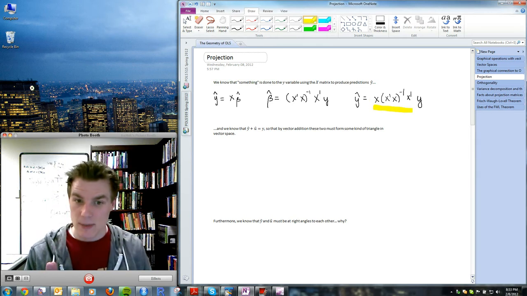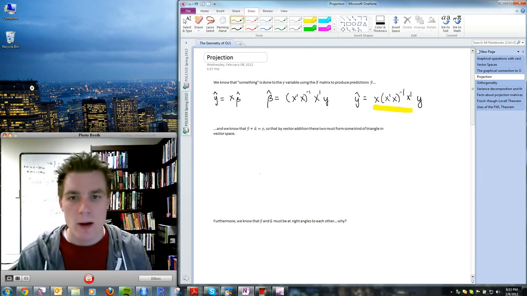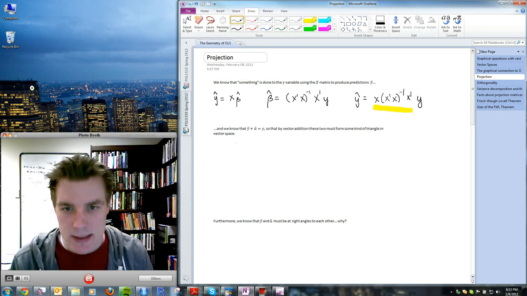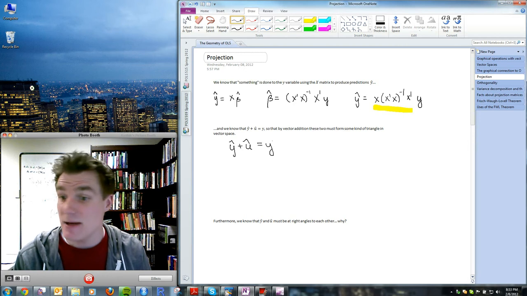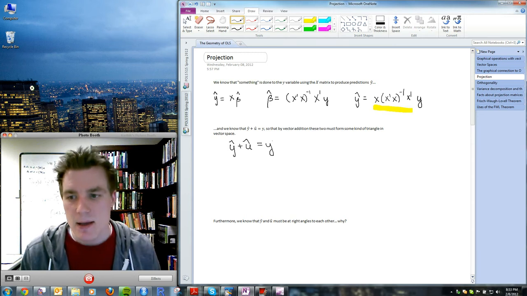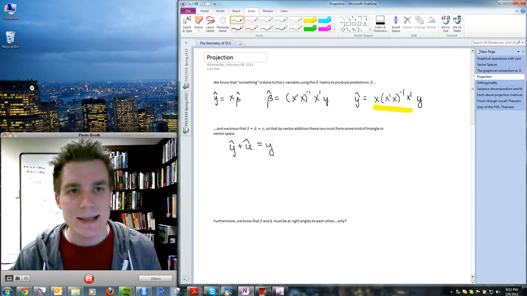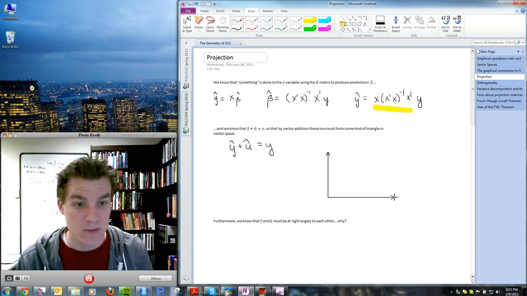So just store that for a second. Furthermore, we know that a prediction plus the estimated error term adds up by definition to the observed value of the dependent variable. So what that means is that these two vectors added together need to form some kind of triangle in vector space.